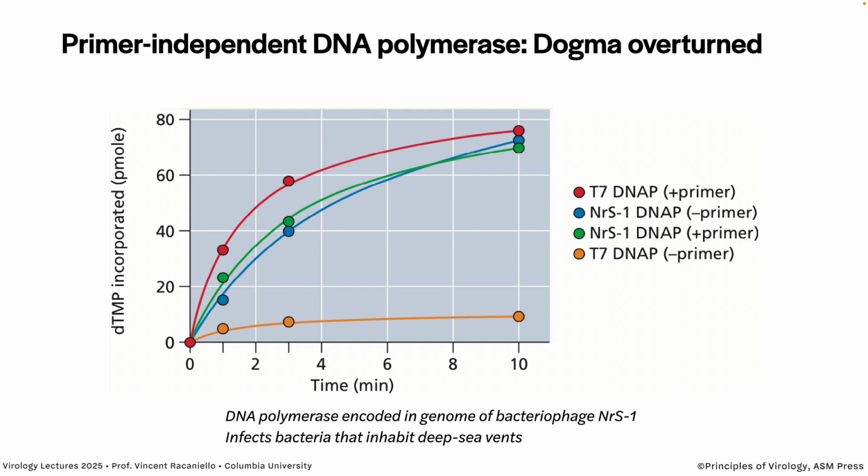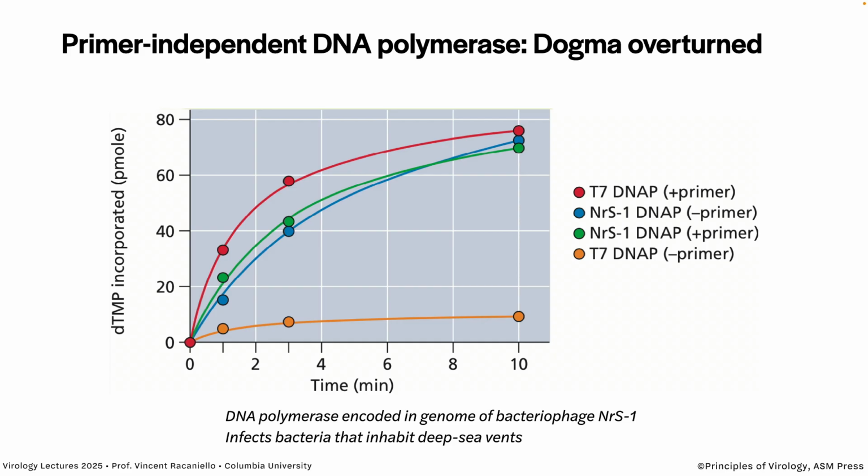But here is a DNA polymerase encoded in the genome of a bacteriophage called NRS1. This phage was isolated from bacteria around the deep sea vents. You know those things at the bottom of the ocean that are bubbling and smoking? There are lots of life living around it, including bacteria. And when there's life, there are viruses.